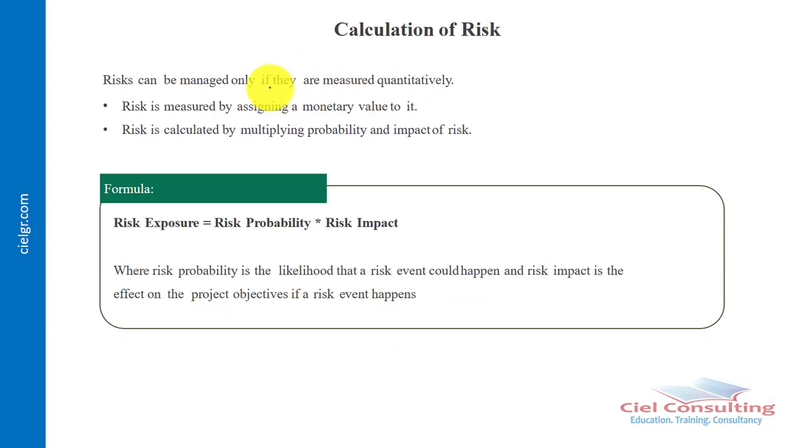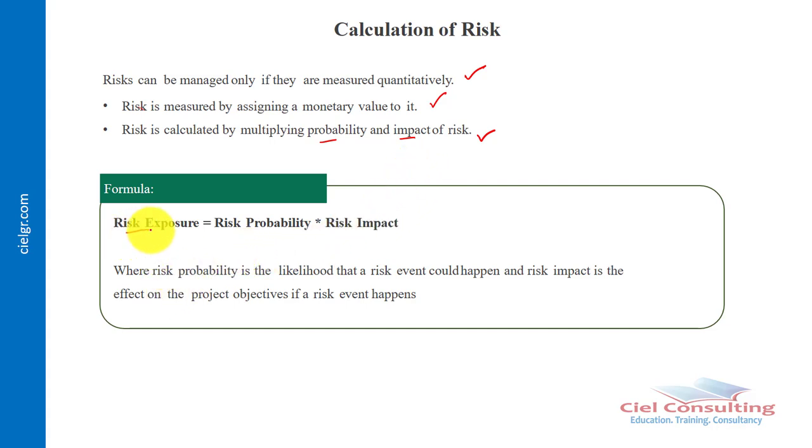So to calculate risk, this is how you do it. Risk can be managed only if it is measured quantitatively. So risk is measured by assigning a monetary value to it, and risk is calculated by multiplying the probability and the impact of the risk. Probability talks about the chance that the risk could happen, while impact talks about the monetary implication of the risk if it eventually happens.